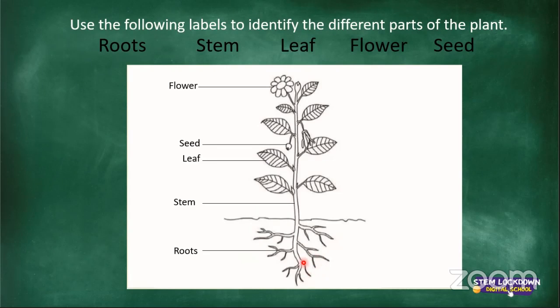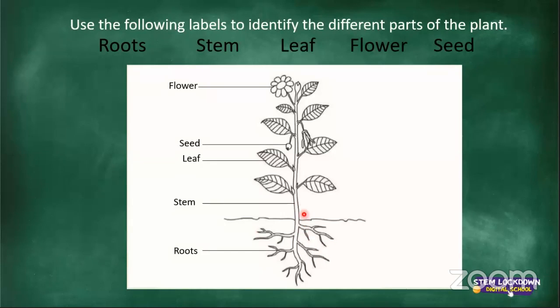Okay, so it eats it basically. And then the third thing, it will store extra sugar and starch and stuff here in the root. So it will store the food.